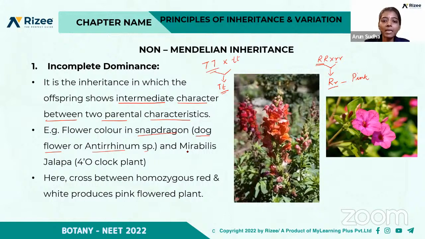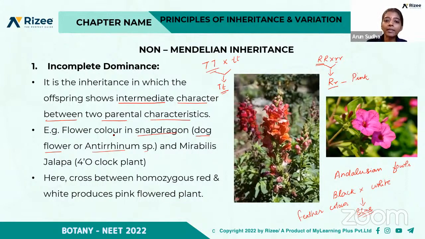Another example is Mirabilis jalapa, also called the four o'clock plant. It is observed in animals also, for example in Andalusian fowls. Here the feather color, for example black, when crossed with white, shows blue color in the F1 generation.